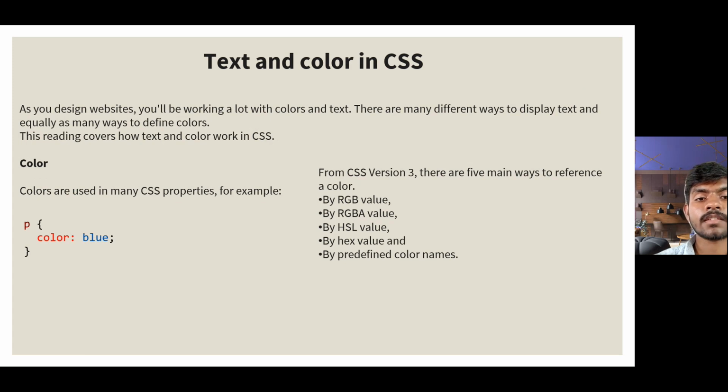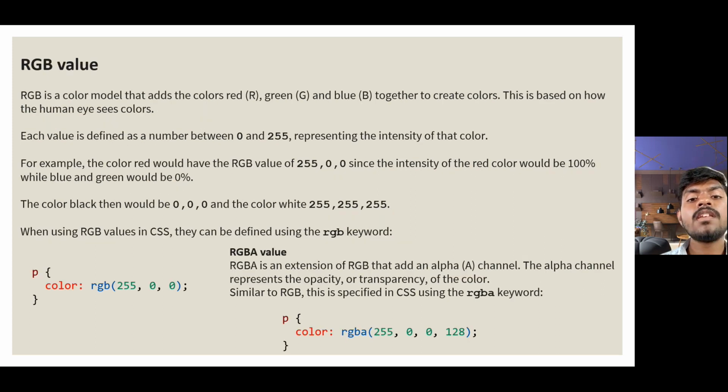Text and color in CSS. The value for the color property can be given as an RGB value, RGBA value, HSL value, hex value, or a predefined color name. Here we represent color as rgb(255, 0, 0).